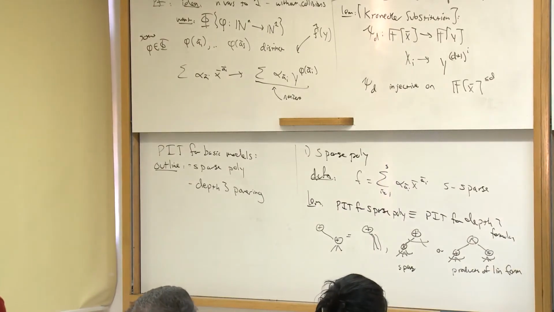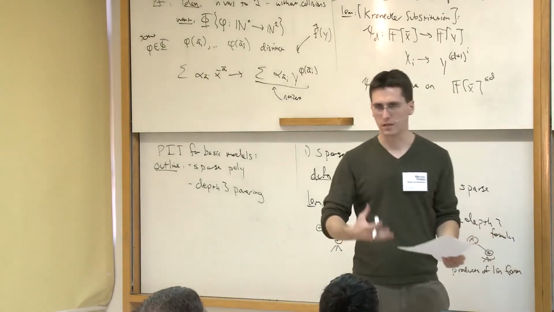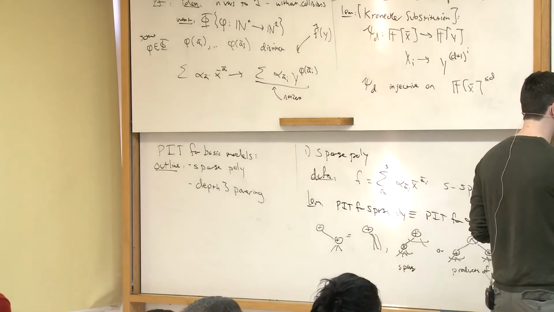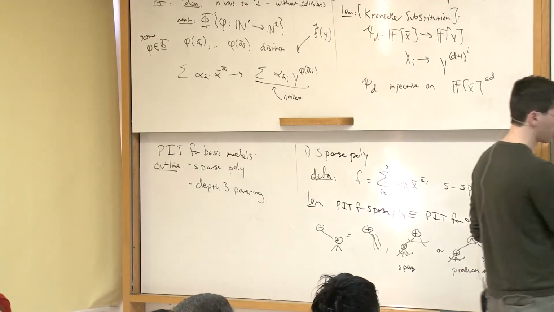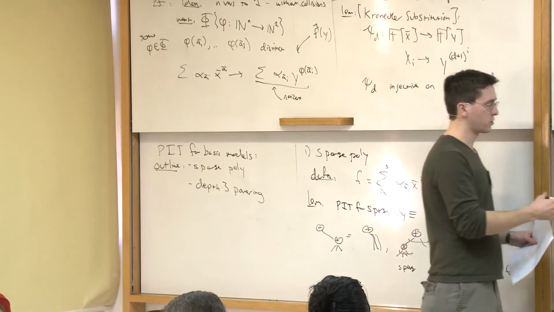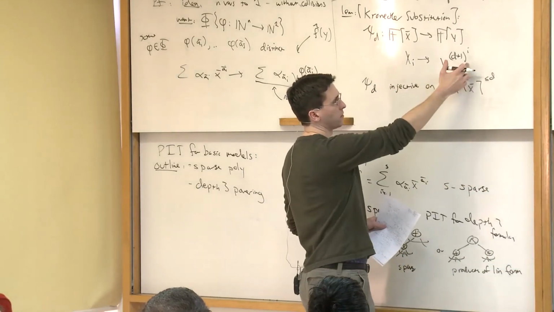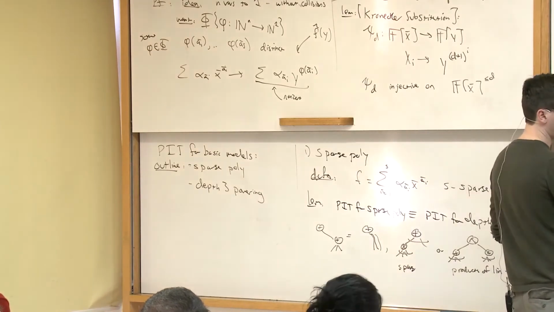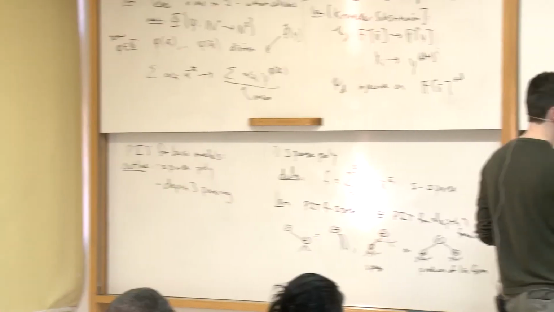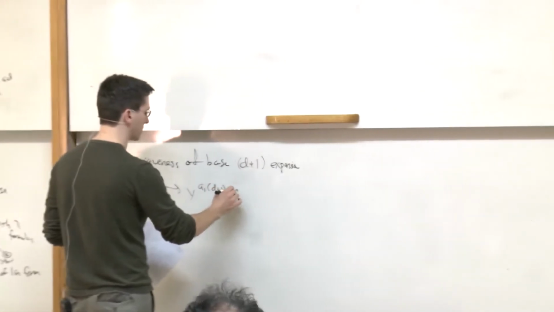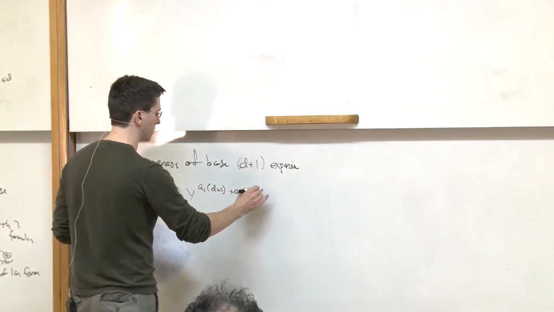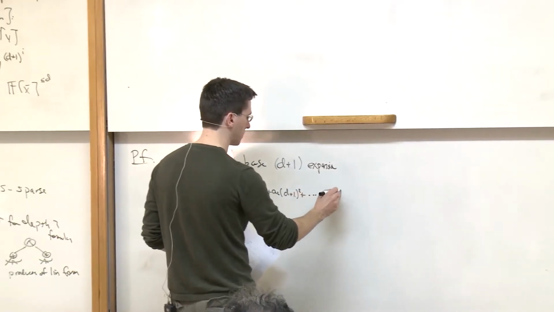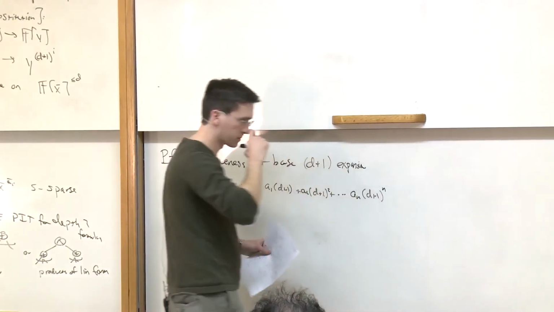We all know that base 10 expansion of numbers are unique. Base 2, this is just base d plus 1. Because if you take a monomial x to the a, what's going to happen? a1 is going to map to a1 times (d+1), and so on. So the monomial x to the a is going to map to y to some power: a1 times (d+1) plus a2 times (d+1) squared, plus dot dot dot, plus an times (d+1) to the n.